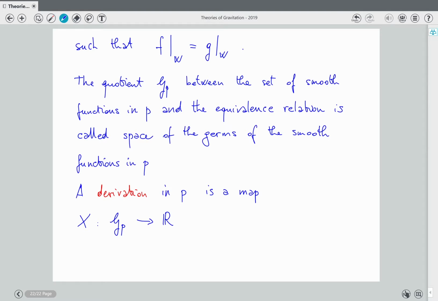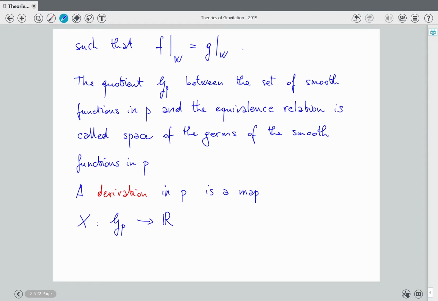Unfortunately, the symbol X will be used for many different things. We used it for the topological space, now we're using it for the derivation. Soon we will use it for vector fields. Even in the notes that I suggested yesterday, you will find it used in different contexts, so I hope this will not generate confusion, but it can have different meanings.